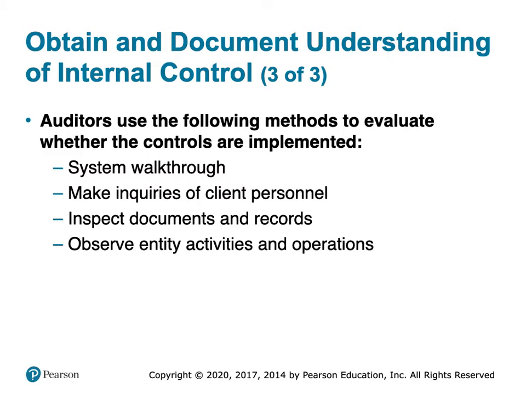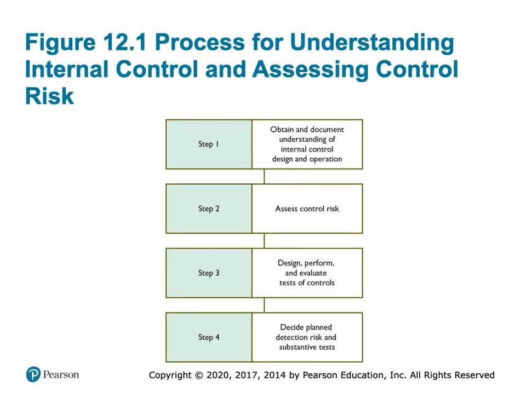So don't just think about controls as, somebody puts initials on something or somebody tests something. There's a bunch of different controls that can be broadly defined and can be extremely effective in preventing and detecting material misstatements.